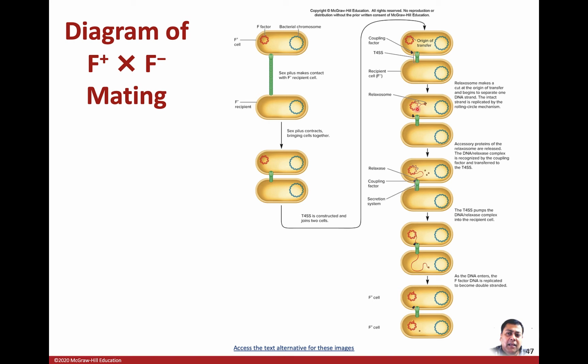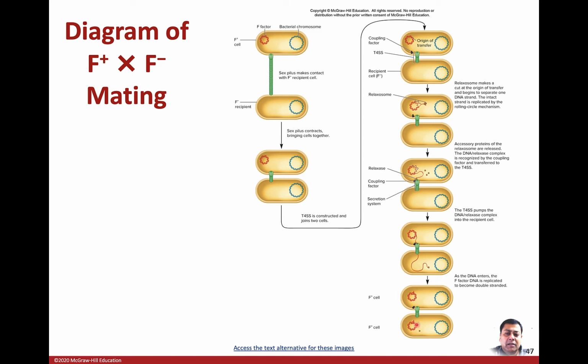This is just like peeling off the DNA as it is being replicated. This particular portion of the DNA that you can see will be attached to the coupling factor. And with the help of the coupling factor, this single-stranded DNA is going to be transferred into the new recipient cell, and the second strand of the DNA will be synthesized.